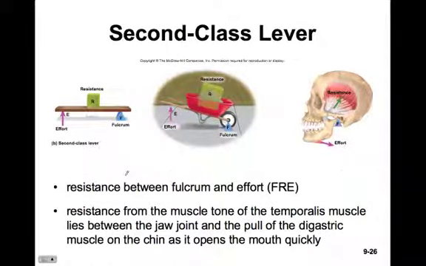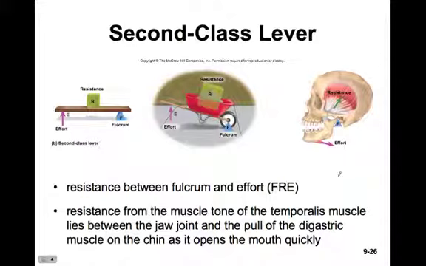A second class lever is where we see the resistance being between the fulcrum and the effort. This is like a wheelbarrow. We lift up on the handles and we're moving a resistance that is between the effort and the fulcrum. When we think about the temporalis muscle, we're looking at opening of the jaw.